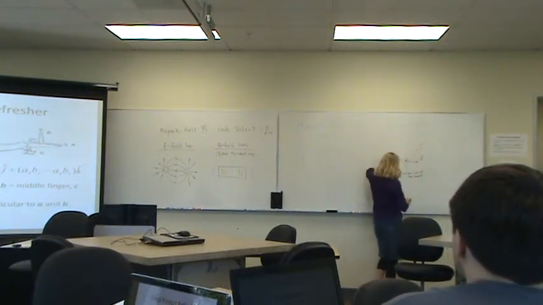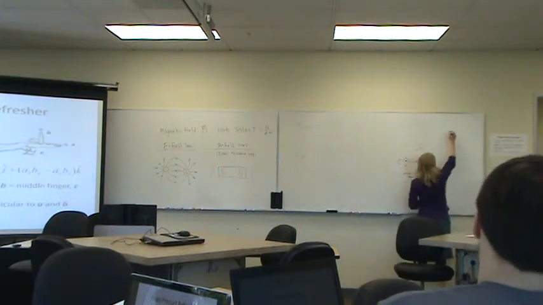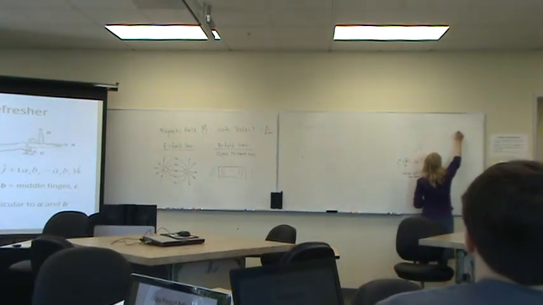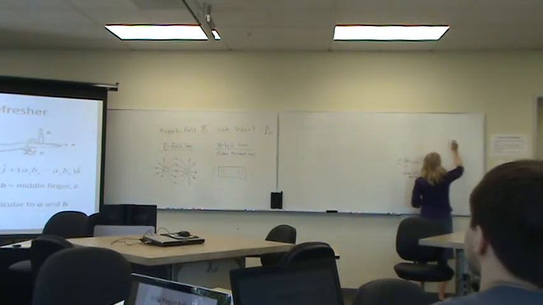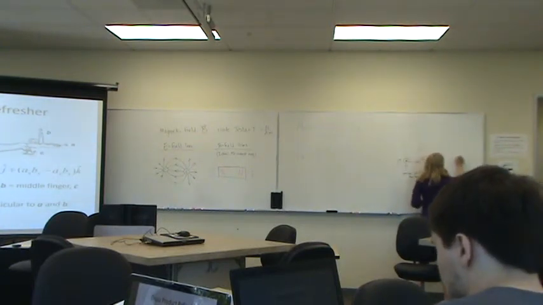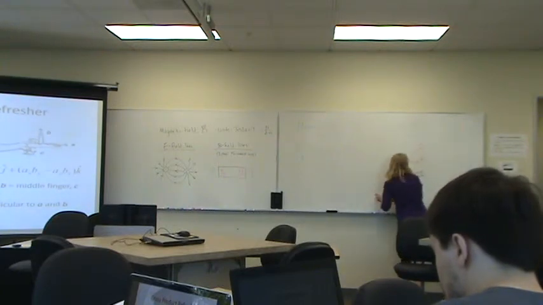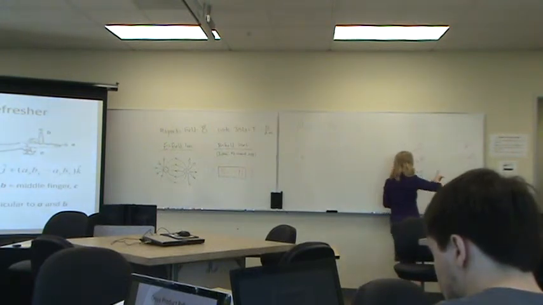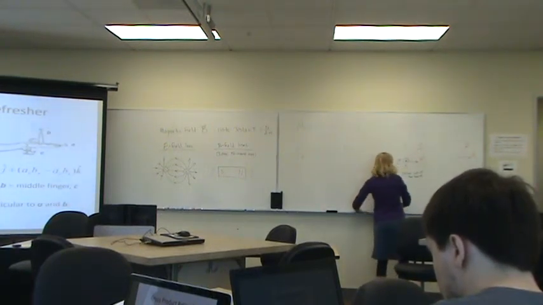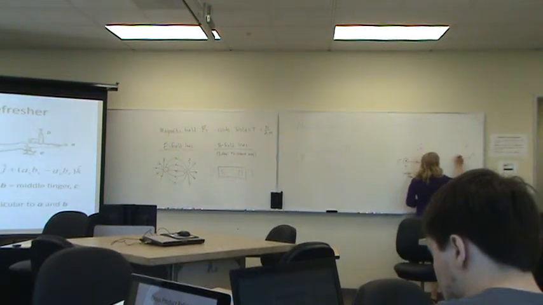And this is not commutative. So if I said B cross A, that would be a new vector, D. We'll do our same B and A. And that would create a vector that goes into the board.